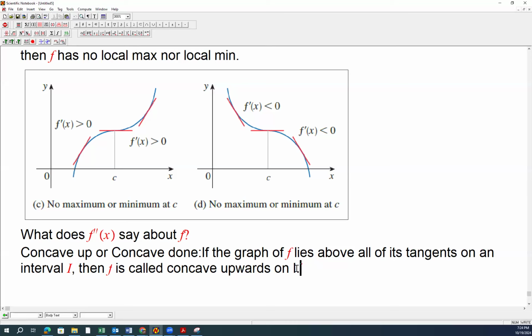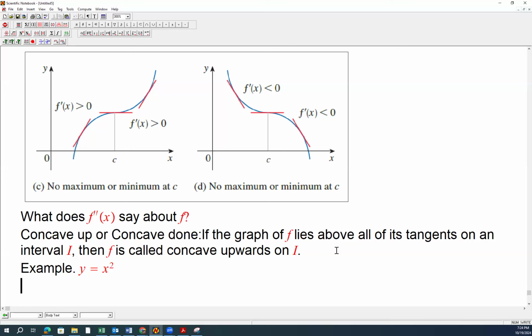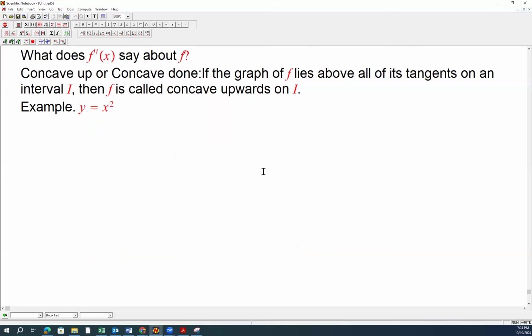A typical example would be our familiar function, y equals x squared. We are very familiar with this function, right?